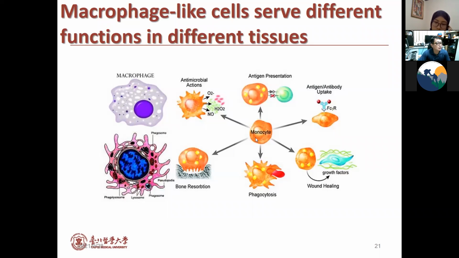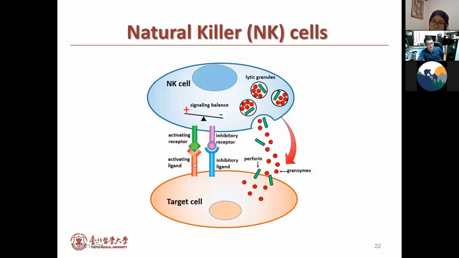And the macrophage also has a function in bone resorption, maintaining a balance between the osteoblast and the osteoclast. Osteoblasts are bone forming cells. Osteoclasts are bone depleting cells. So they make homeostasis in the bone. That's the function of monocytes.